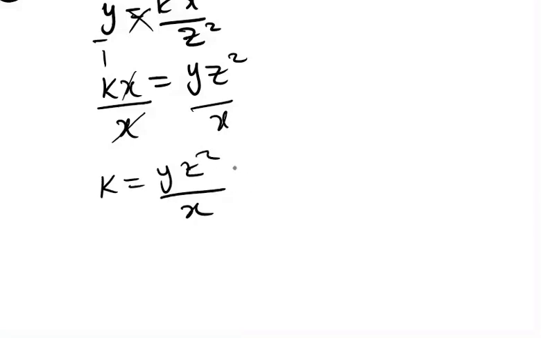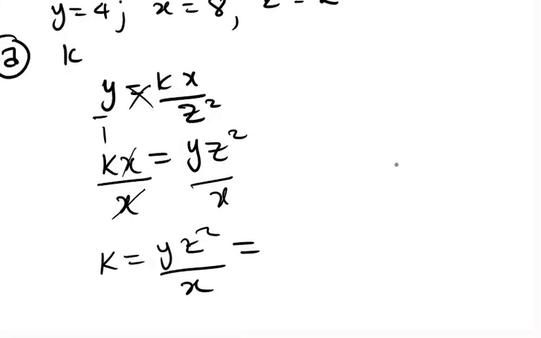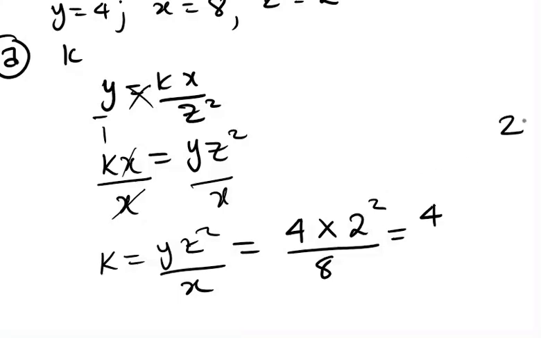Now we put the values. We've been given the values. What is y? y is 4, multiplied by z, z is 2, so 2 squared, over x, x is 8. So continue. This is 4, 2 squared. 2 squared is 2 by 2. If it was power 3, by another 2. If it was power 4, by another 2.